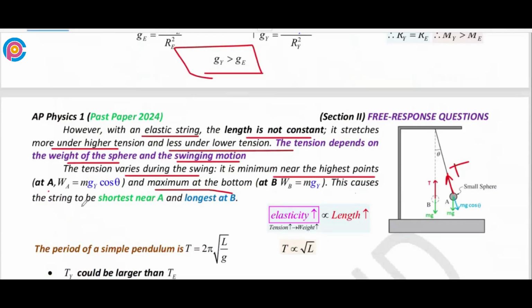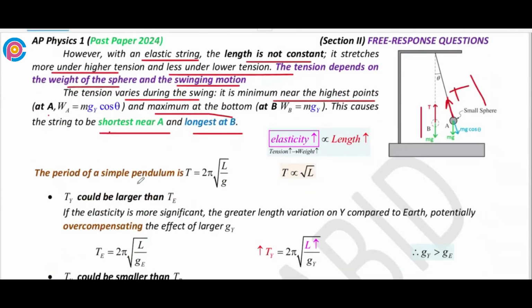This causes the string to be shortest near A and longest at B, because the tension is greatest at B and smallest at A, as we have concluded. So the elastic length is shortest at point A and longest at point B.